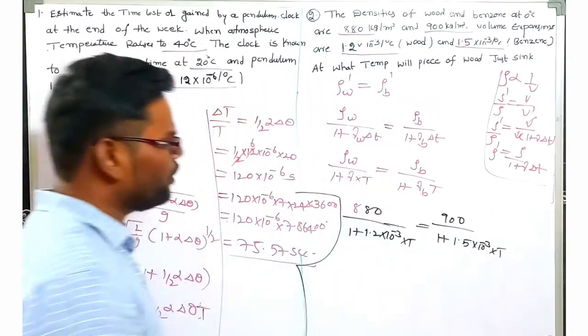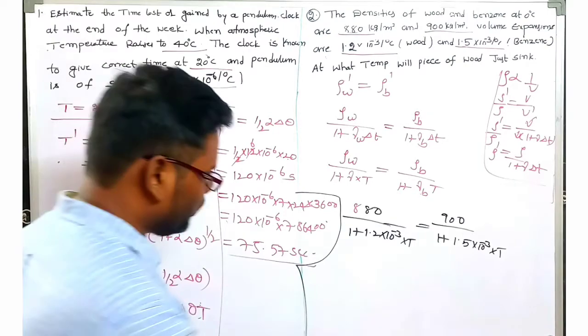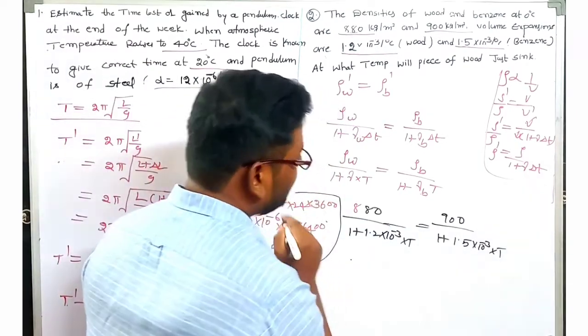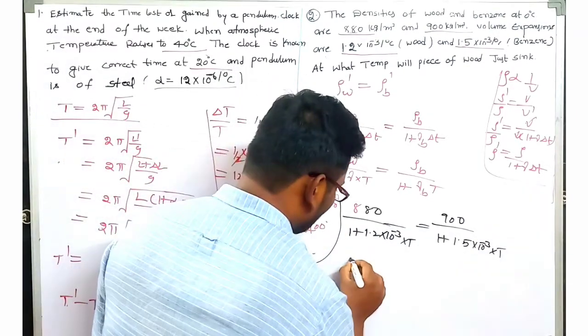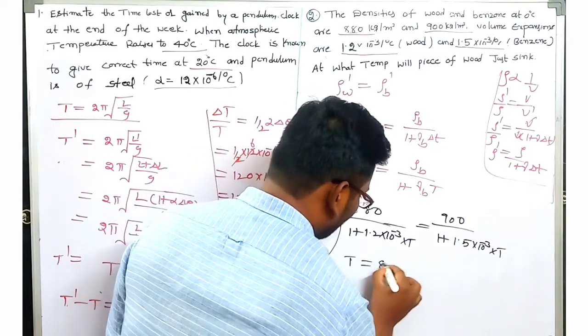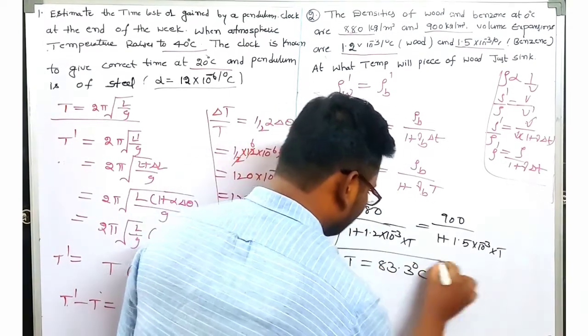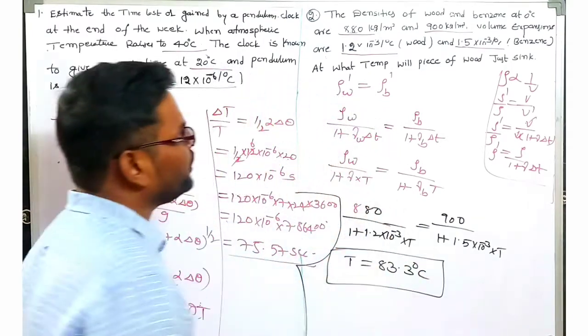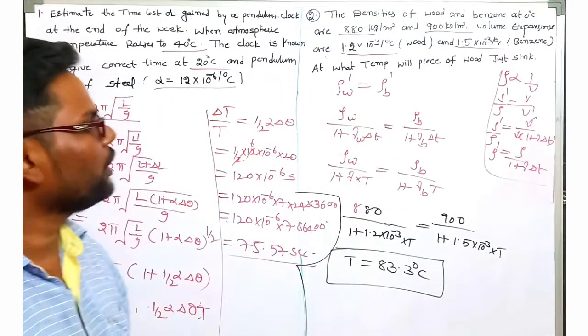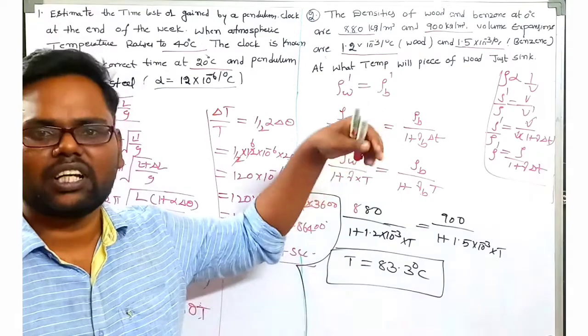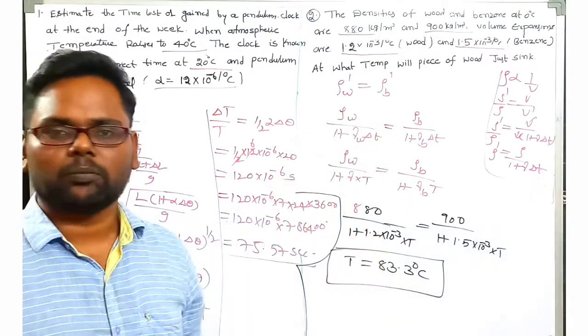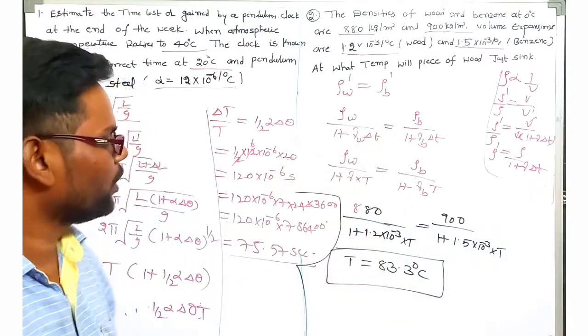And if you solve this, the answer is T equals 83.3 degrees Celsius. At this temperature, the piece of wood just sinks down in the benzene, right?